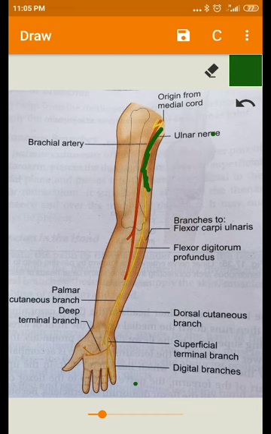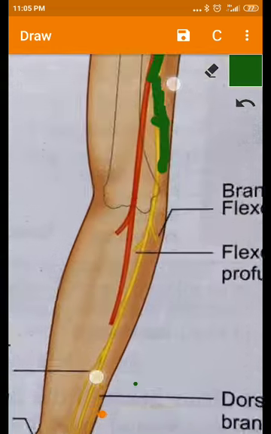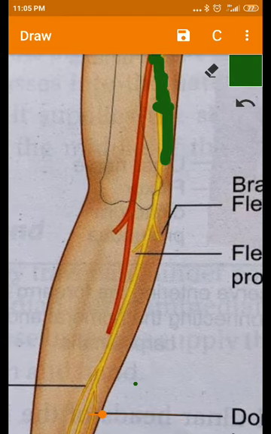On the posterior aspect, through the arcade of Struthers, the ulnar nerve passes along with the ulnar collateral artery, which comes to the posterior aspect of the medial epicondyle. You can see this is the epicondyle. It comes posterior to the medial epicondyle.